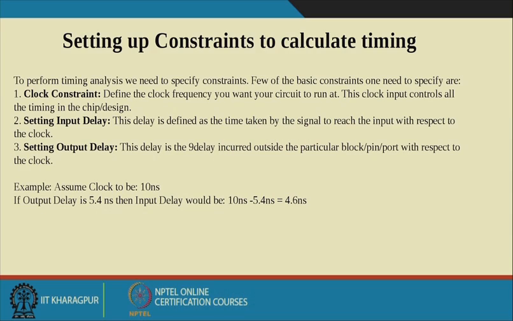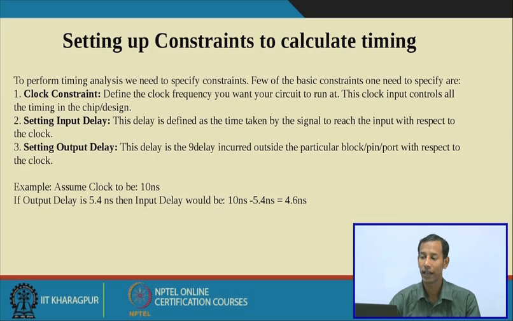Then there is setting up constraints to calculate the timing. Yesterday, when we worked on the design compiler, we arbitrarily set an initial value for the clock period. Then we saw the timing requirement and the values of slack.